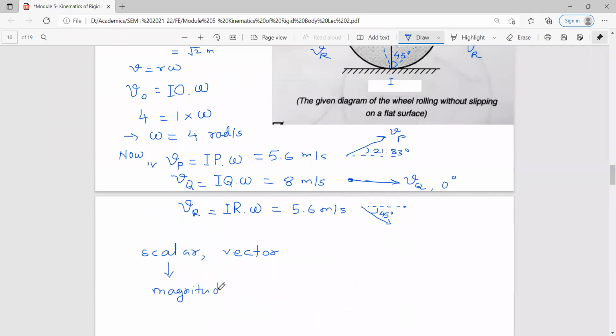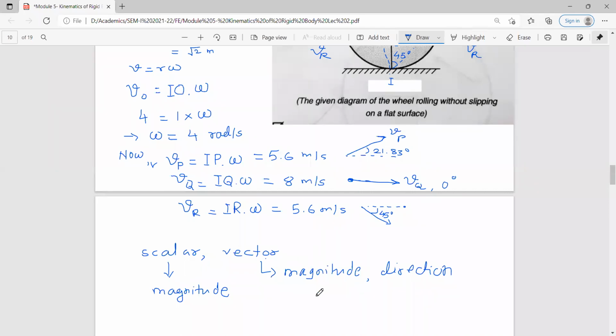But in a vector quantity there are two things: it has magnitude as well as direction, that is, in which direction the motion is taking place. It is very important to know the direction of motion also, because whatever distance the particle travels, it will be in that direction.